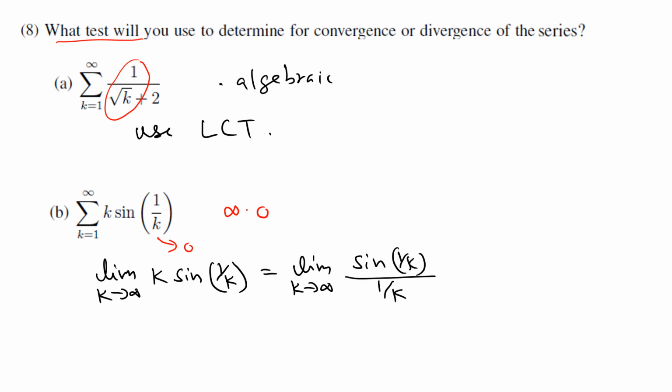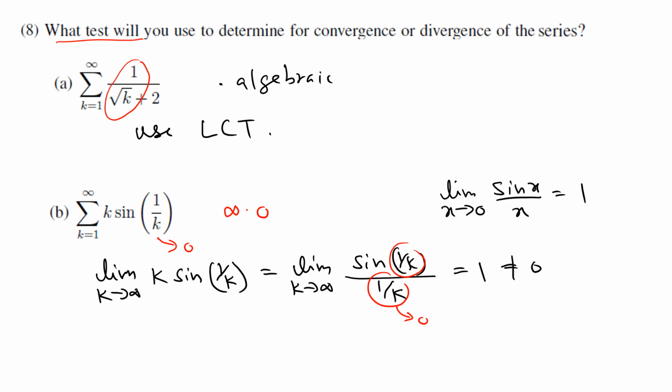And you can see that these two are the same and both go to 0. This exactly looks like the sine x over x situation. We know that the limit as x goes to 0 of sine x over x equals 1. That's exactly the same situation here, because those two terms are the same. So this limit is 1.